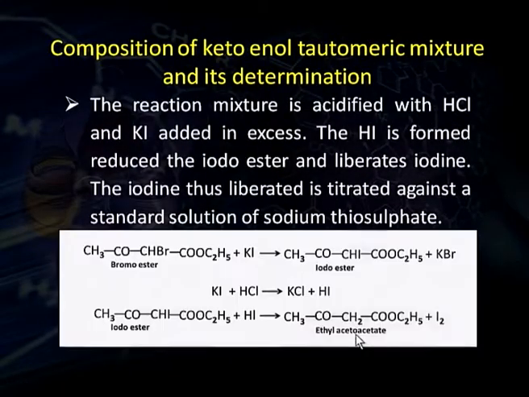The reaction mixture is then acidified with HCl and KI is added in excess. KI and HCl produce HI, and with KI the bromoester is converted into iodoester, and this iodoester, when treated with HI, liberates iodine. The iodine thus liberated is titrated against a standard solution of sodium thiosulfate.